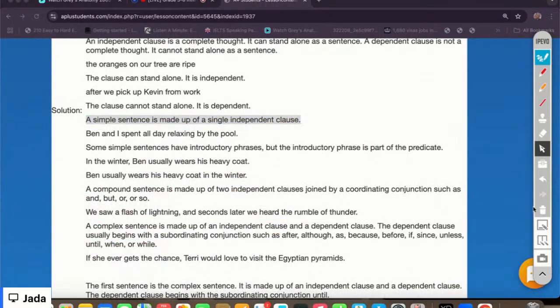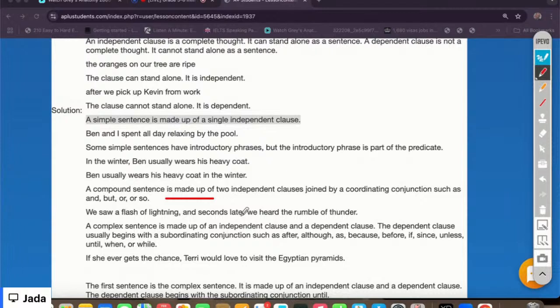We also have the compound sentences. Now let's have a look at the compound sentence. So, what is a compound sentence? A compound sentence is made up of two independent clauses joined by a coordinating conjunction. I'm sure that we all know this. We know the coordinating conjunctions. We have four of them: and, but, or, so. So, there's just four.